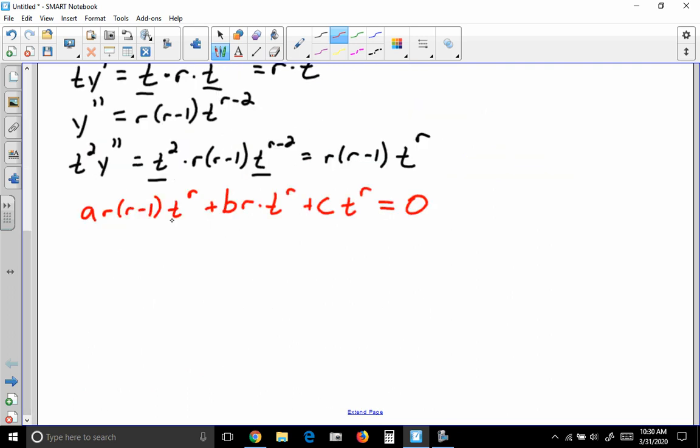Notice each term has a t to the r, so we can factor out t to the r, and let's go ahead and multiply that out. A r squared, A r times minus 1, so minus A r. If we factor the t to the r out, we're left with a b r. And if we factor out the t to the r, we're left with a c.